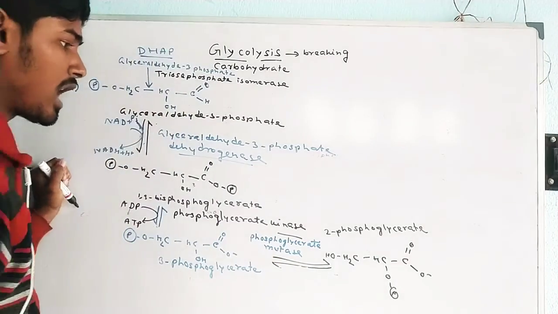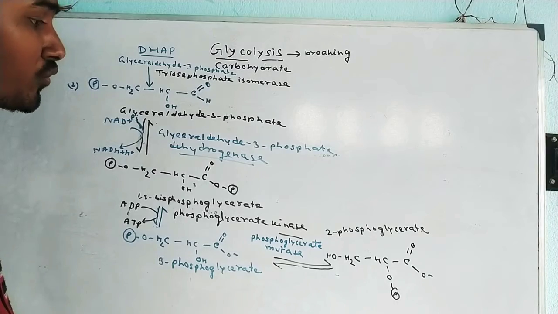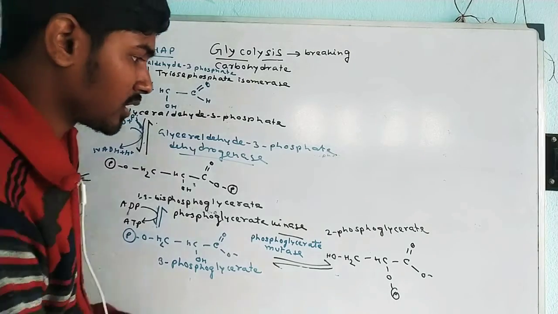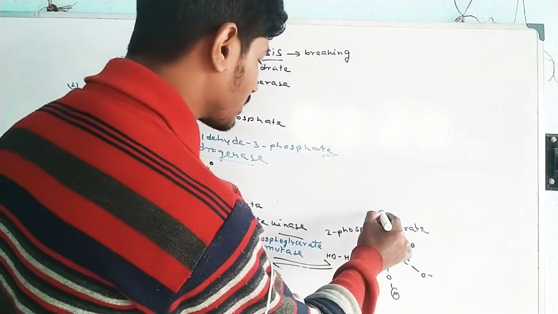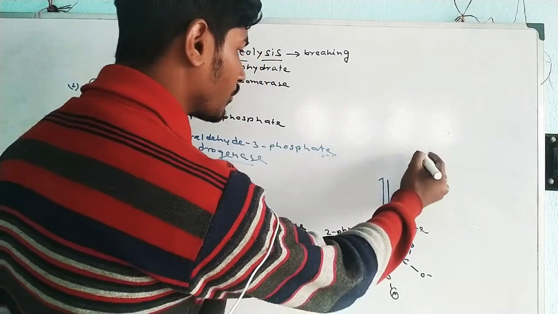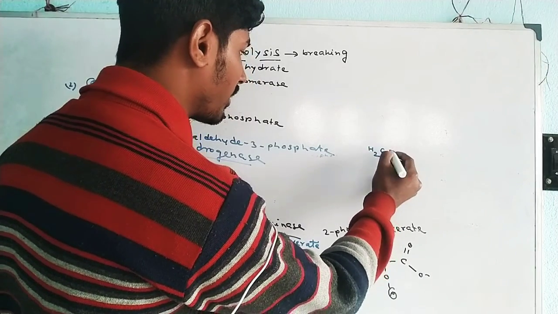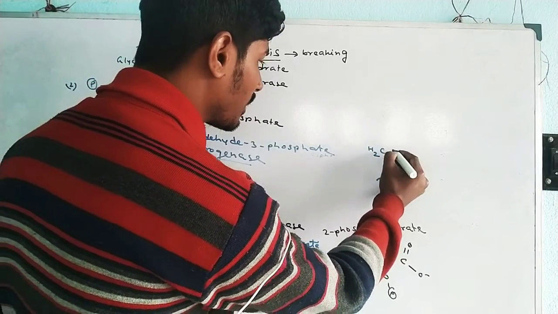Okay. After that, 2-phosphoglycerate is converted to phosphoenol pyruvate. So let us draw the structure. In phosphoenol pyruvate, there is the enol group introduced here.